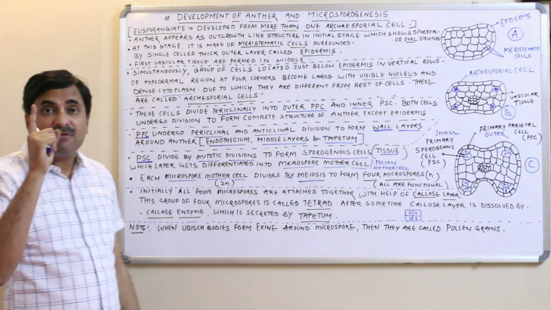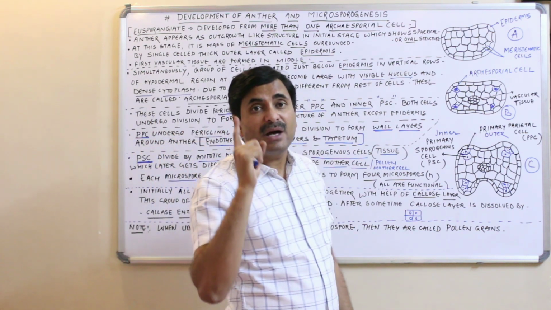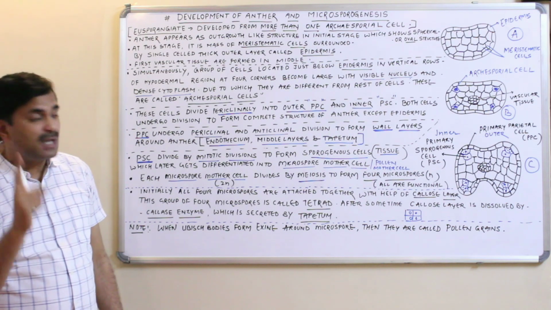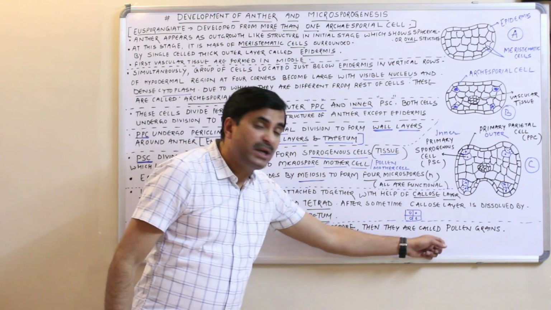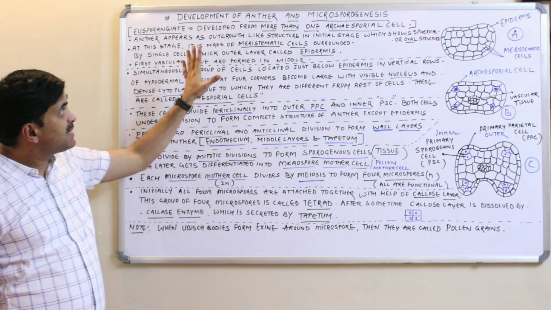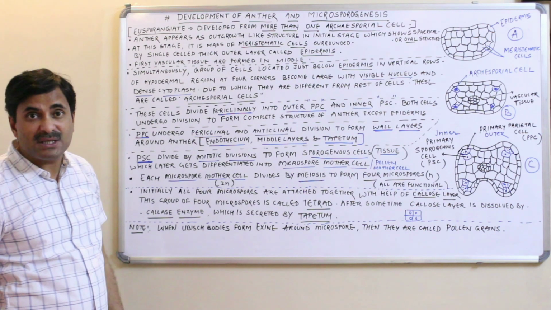Always remember, when a microspore is surrounded by the exine made up of sporopollenin, that microspore is now called a pollen grain. So this is all about the development of the anther and microsporogenesis.